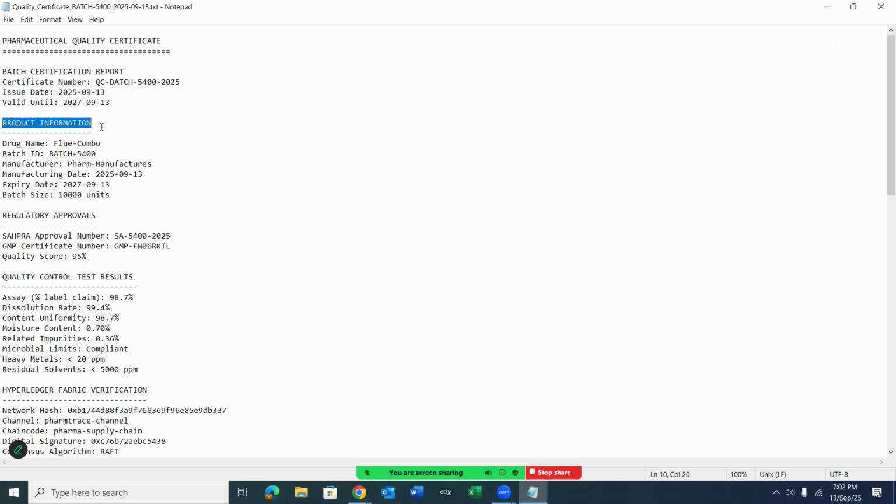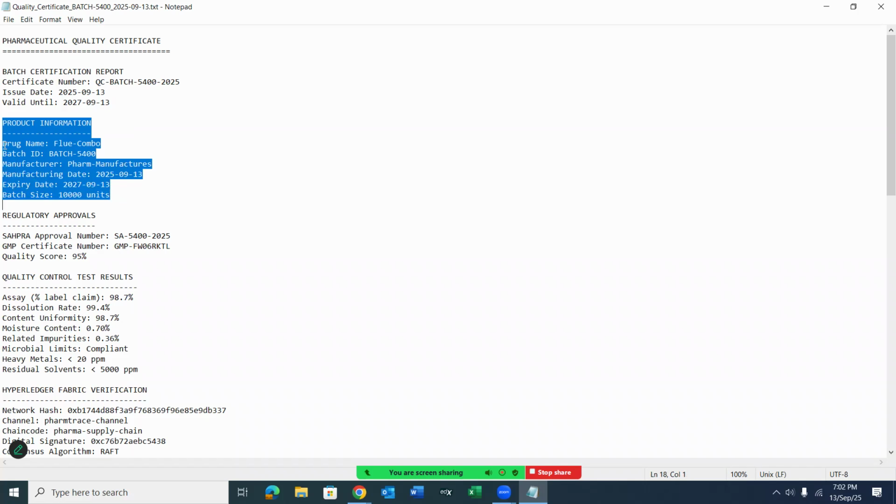The product information for the drug. The drug name is there, flu combo. The batch ID is also there. The manufacturer name, which is the farm manufacturers, the date it was manufactured, it will expire on this date. The batch size, 10,000 were generated.